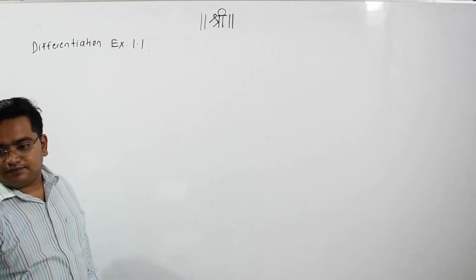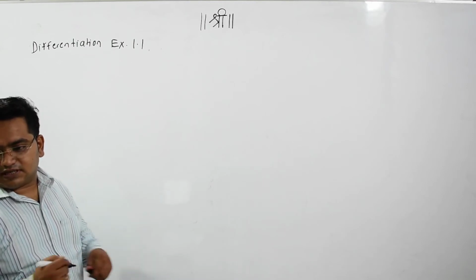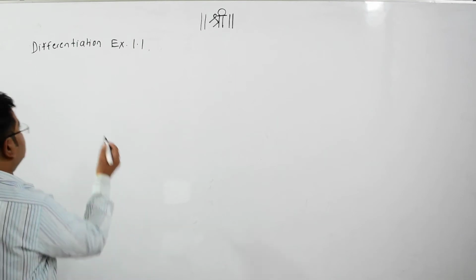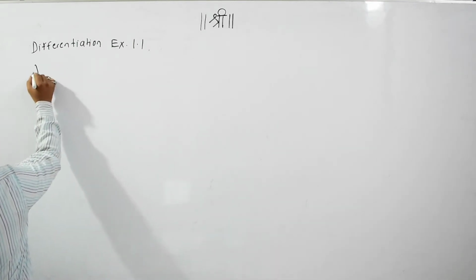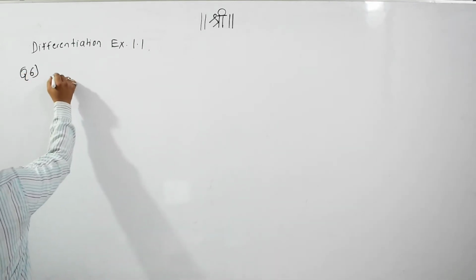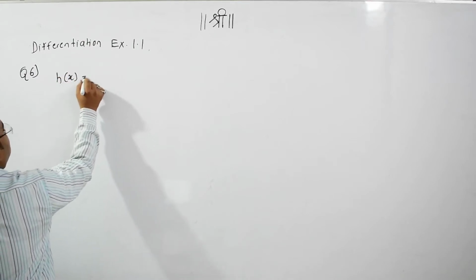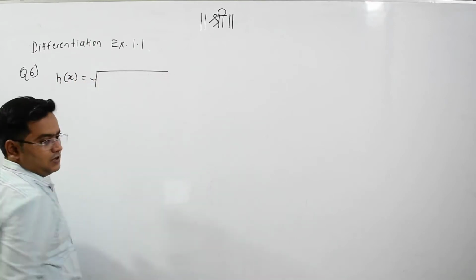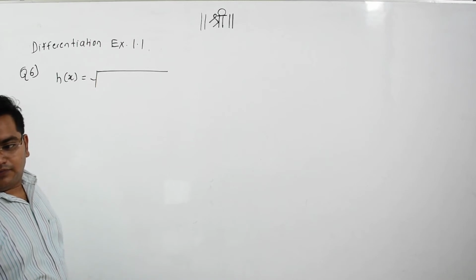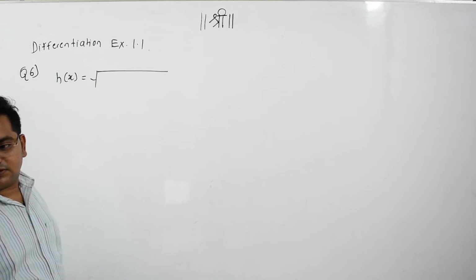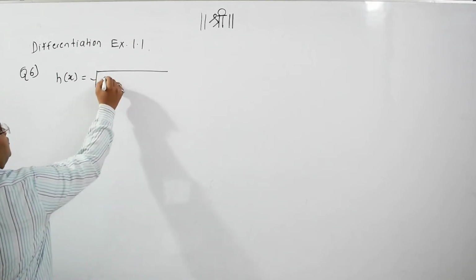What is that question? Question number 6 says that h of x is equal to the square root of 4f of x plus 3g of x.